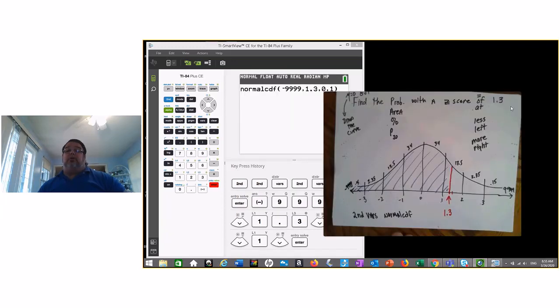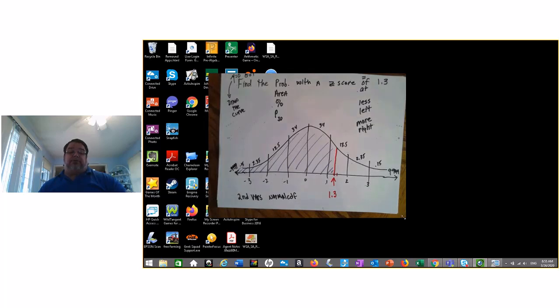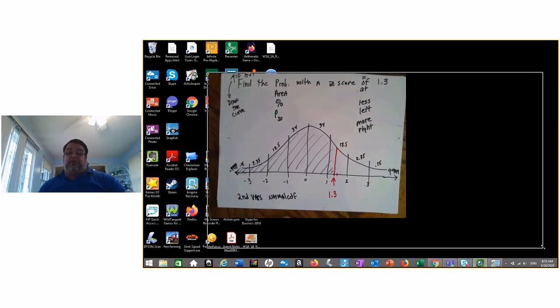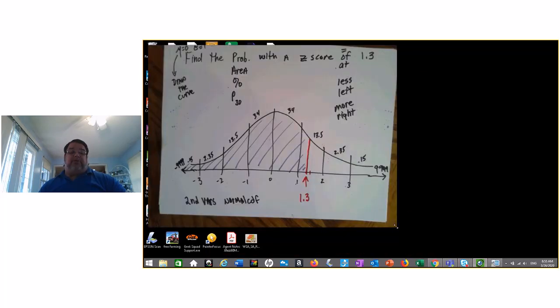Okay, now it's cut off the top of my document cam. I don't have any tools up at the top.